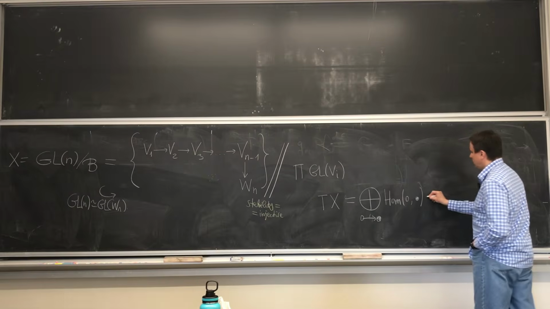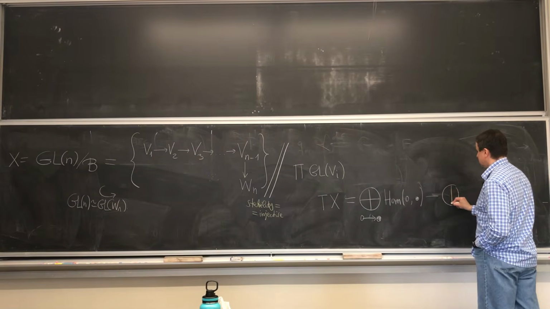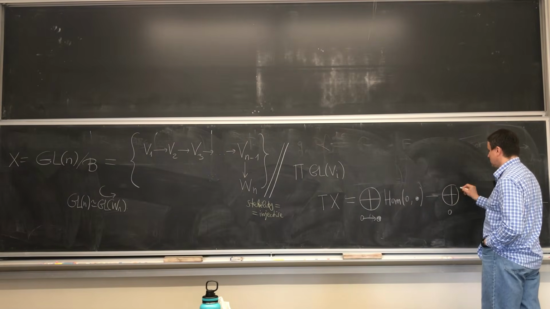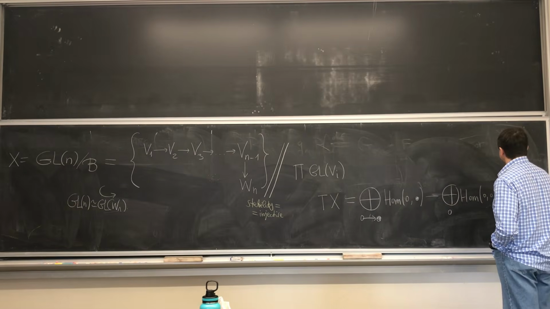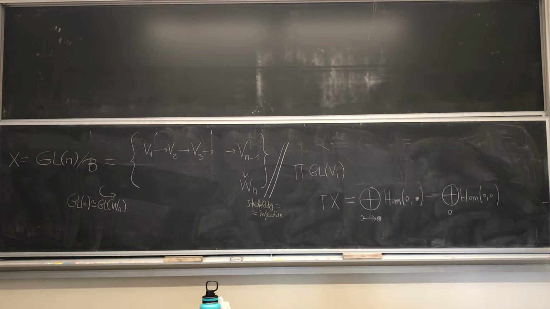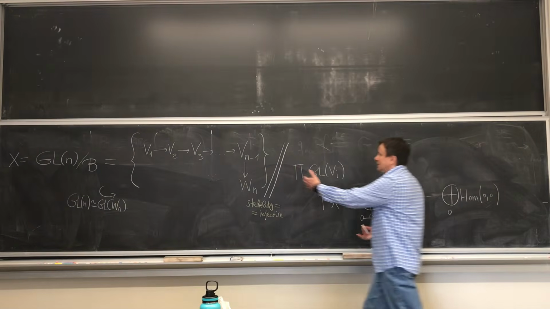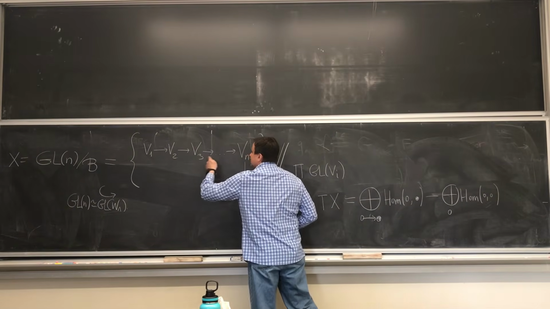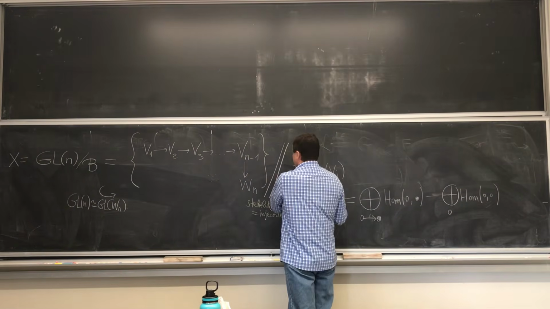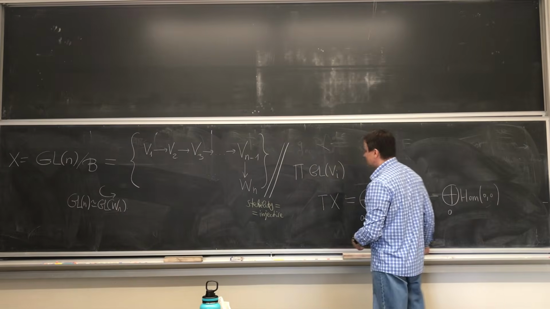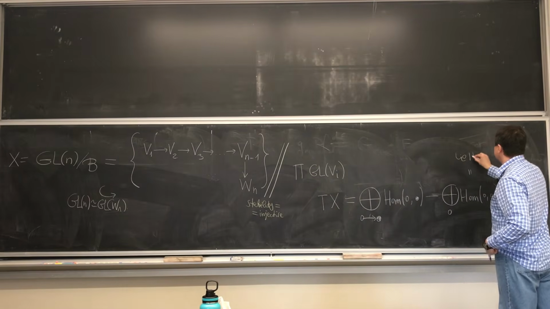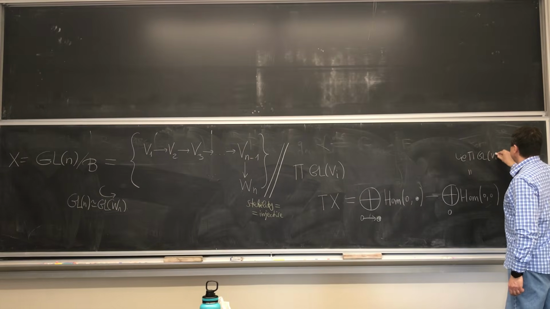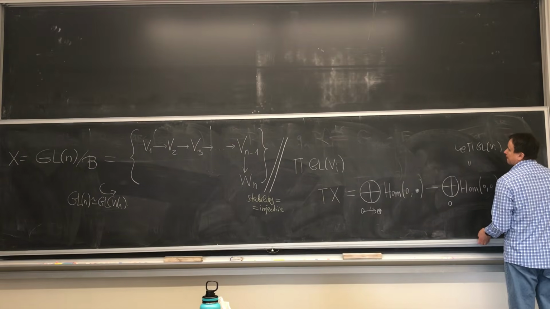And then you mod out by the direct sum over all dots of Hom from the dot to itself. Just by construction, all maps here, and you just mod out by it. This is the Lie algebra of this group. Okay.